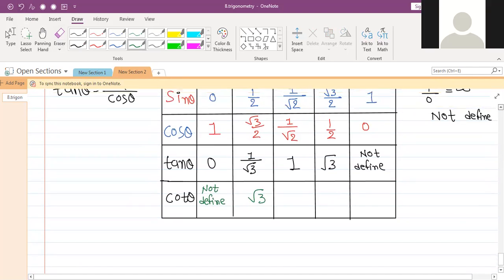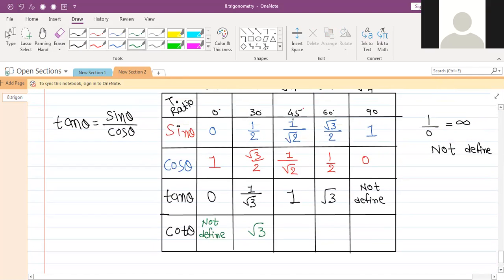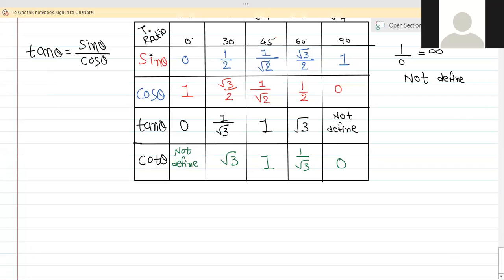Just a second, I will scroll up so you can see. Then cot 45 is 1, cot 60 is 1 upon root 3, and cot 90 is 0. Understand? Yes, sir. Okay. Similarly, here we can find the value of sec theta and cosec theta.